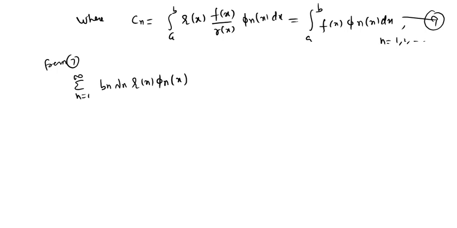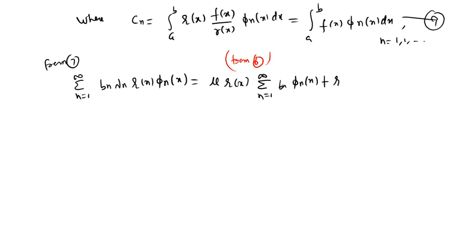And from 6 you have the right hand side, so we have mu r(x) phi(x), and phi(x) is the sum from n equal to 1 to infinity of bn phi n(x), plus f(x).